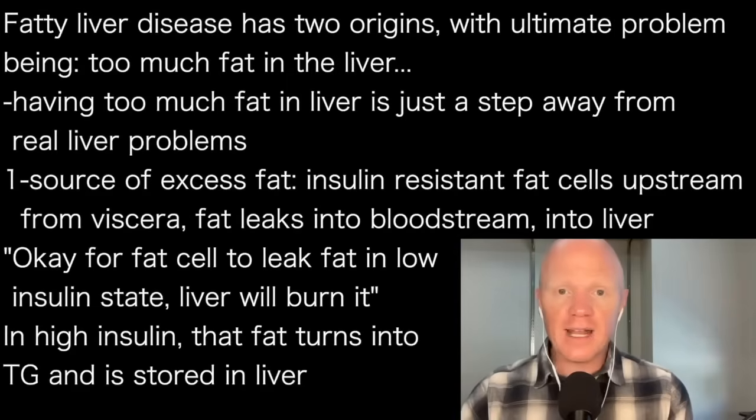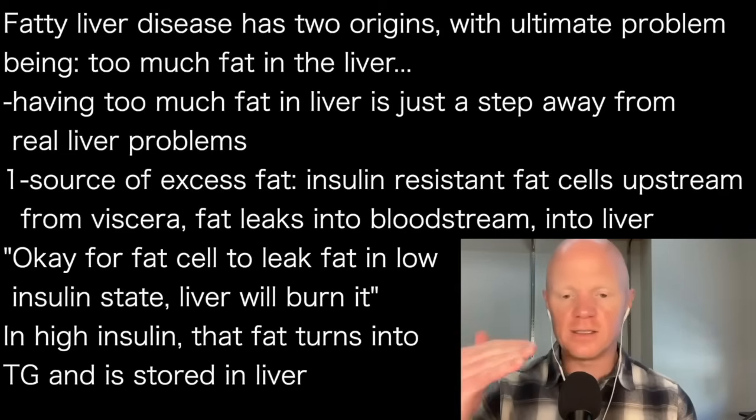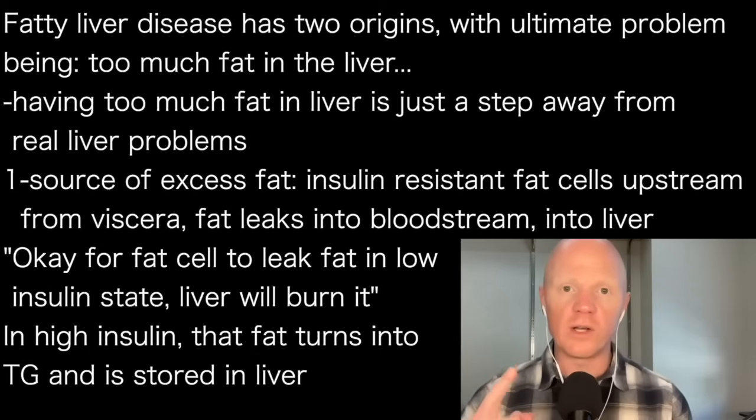Now, where does the fat come from? There are two sources for that fat. One source is insulin-resistant fat cells, where the fat cells that are upstream from the viscera, as they start leaking their fats in a state of high insulin, then the liver will readily pull that in and store it. So that's one source.